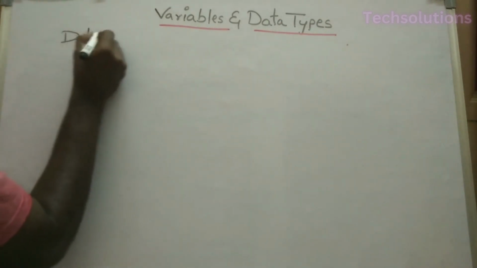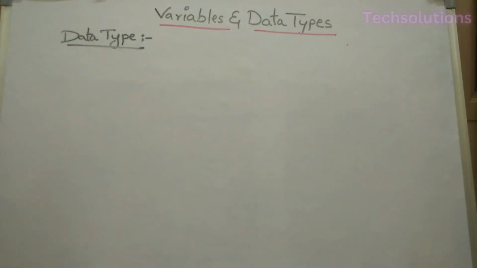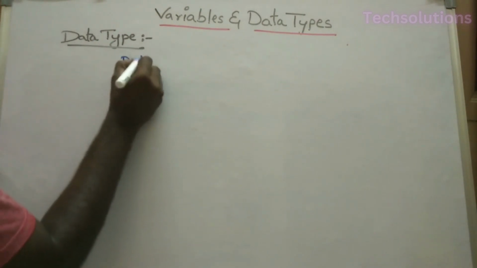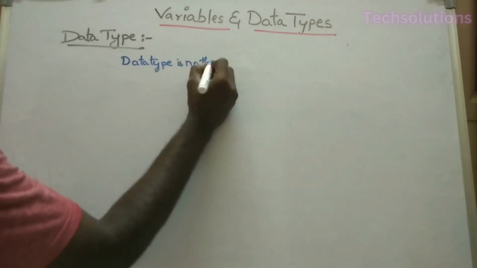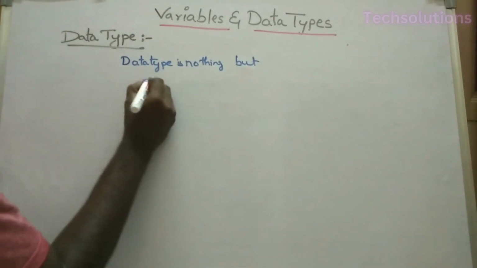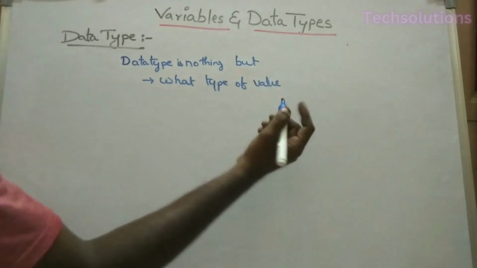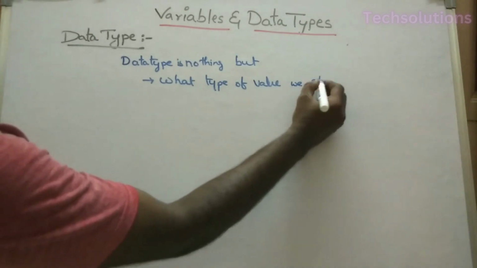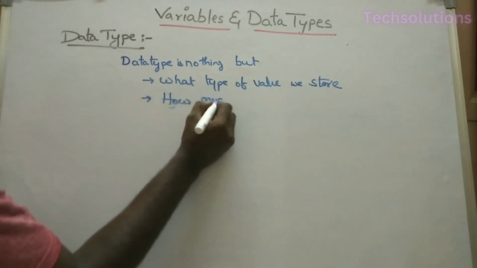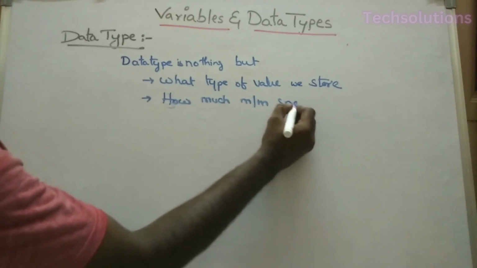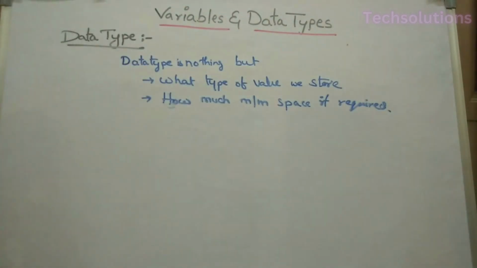Simply put, a data type is nothing but one thing: what type of value we can store, and how much memory space it requires.